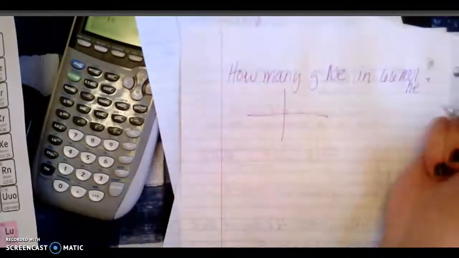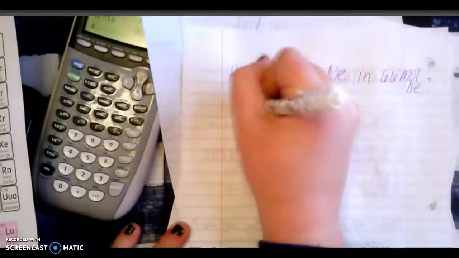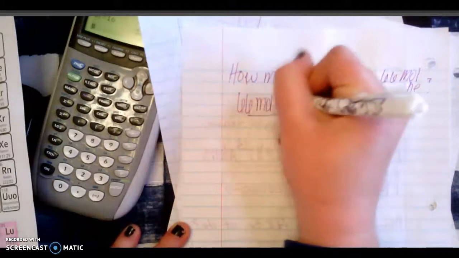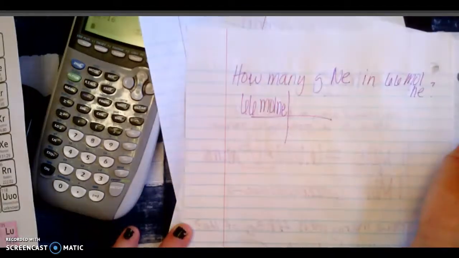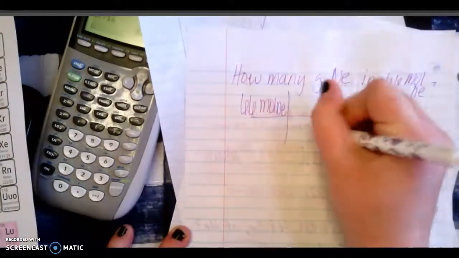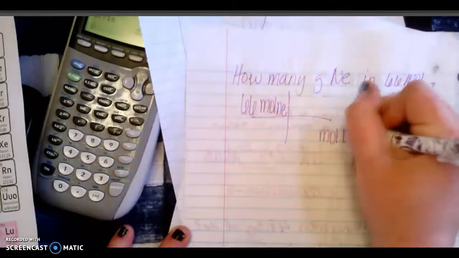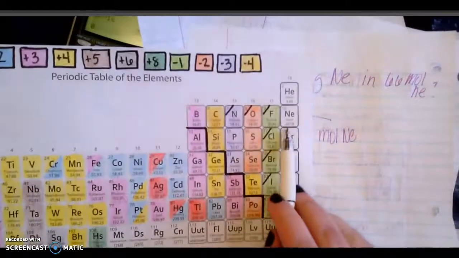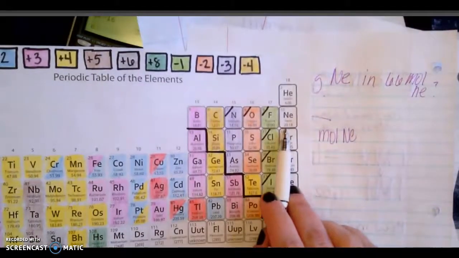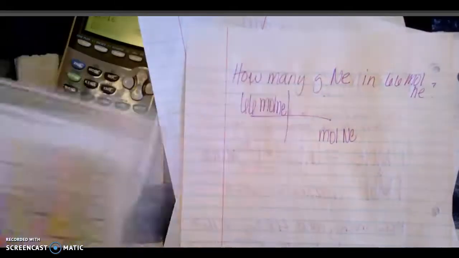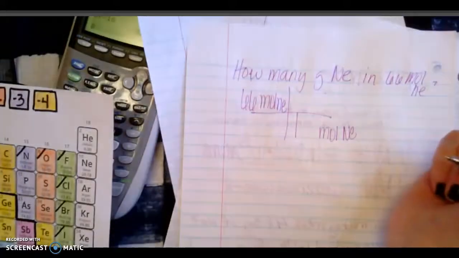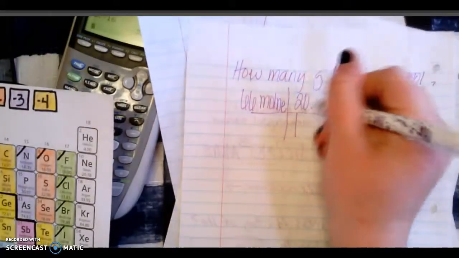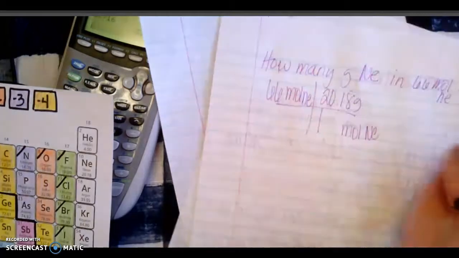I'm going to put the thing that I know in the top left, which is I have 66 moles of neon. That means that down here I have to have moles of neon. Now if I look at my periodic table, I can see that 1 mole of neon is 20.18 grams. So 1 mole of neon is 20.18 grams.